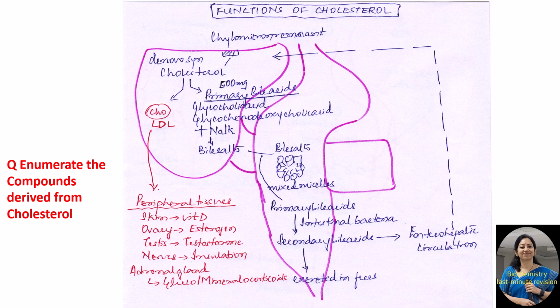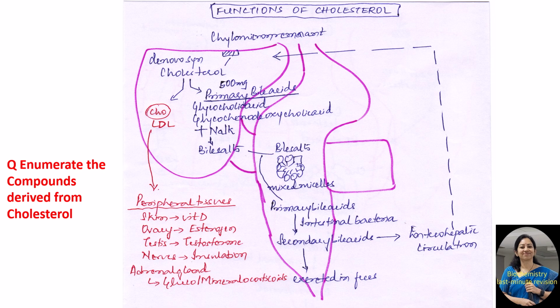Apart from that, many other compounds are derived from cholesterol. LDL is a carrier protein of cholesterol from the hepatocytes to peripheral tissues. In the peripheral tissues, especially in the skin, cholesterol is responsible for the formation of vitamin D. In the ovary, cholesterol is utilized for the formation of estrogen.